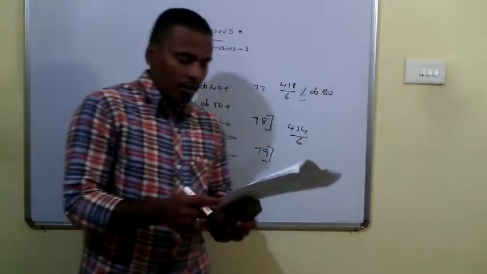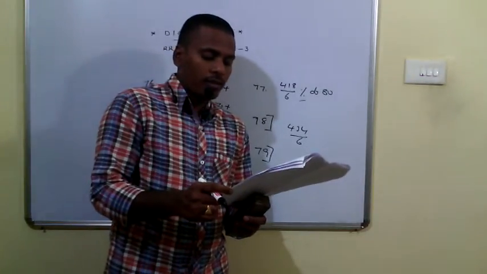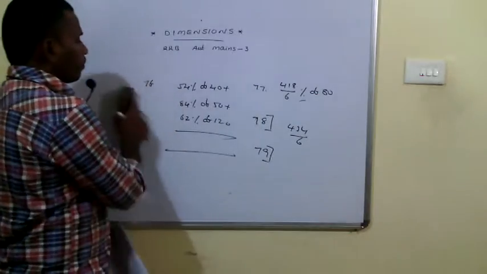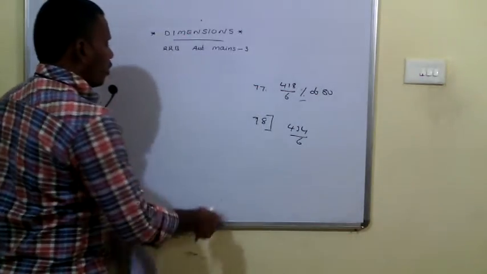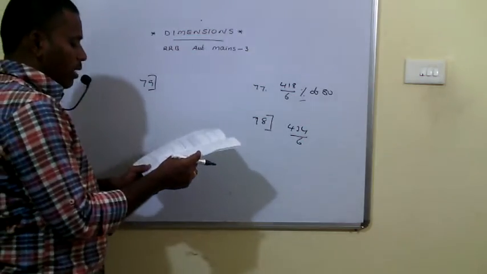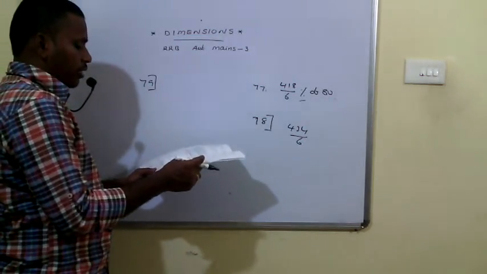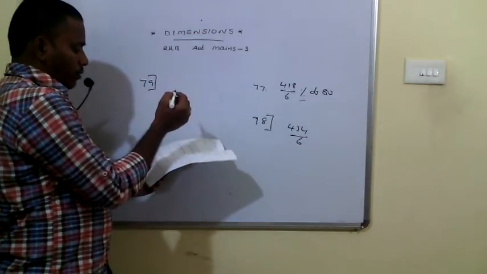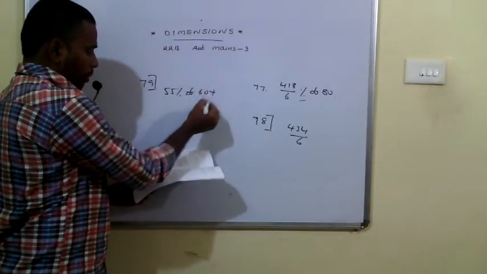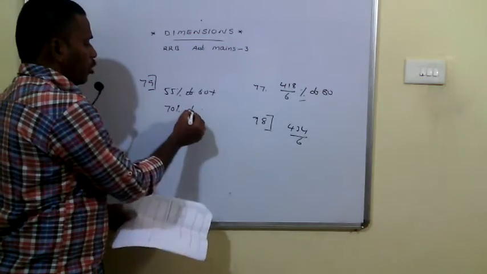Coming to 79. Approximately what is the overall percentage of marks obtained by Q in all the subjects? Okay, see, for Q, to get the marks for the first subject A, it is 55% of 60. 55% of 60 plus the next one is 70% of 40.